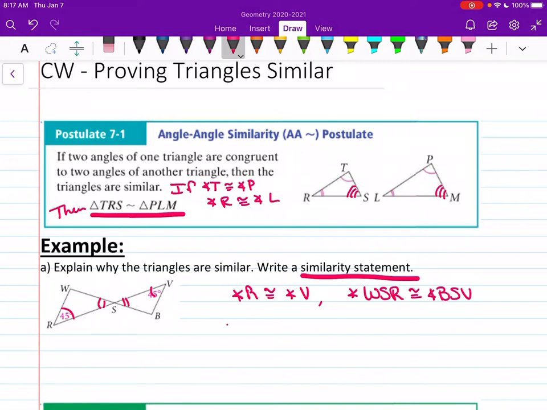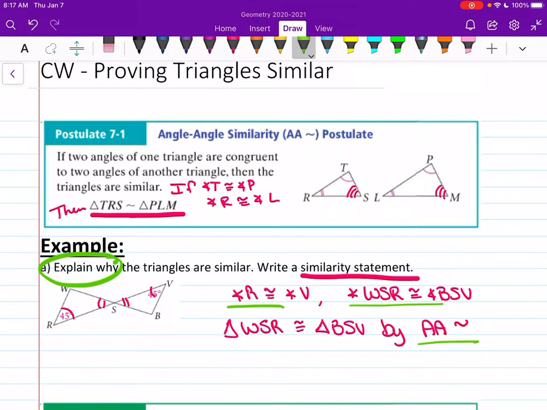So I can say that triangle WSR is similar to triangle, got to make sure I go in the correct order, BSV by angle-angle similarity. Okay, so when I explain why, I am listing both the sets of angles and the postulate or theorem. And then when I write my similarity statement, that's this piece right here.